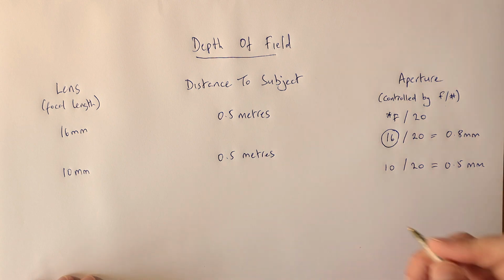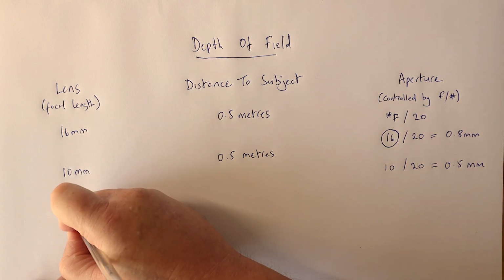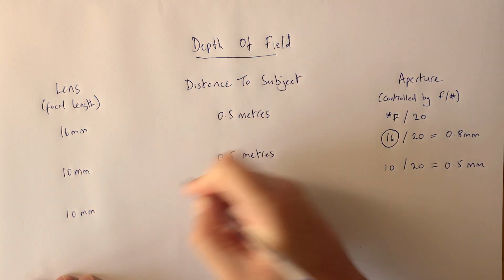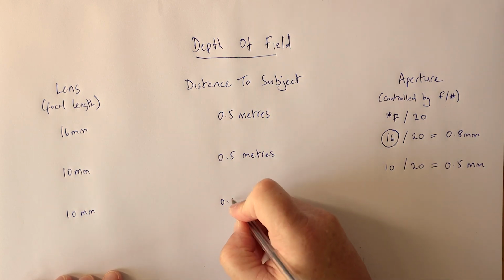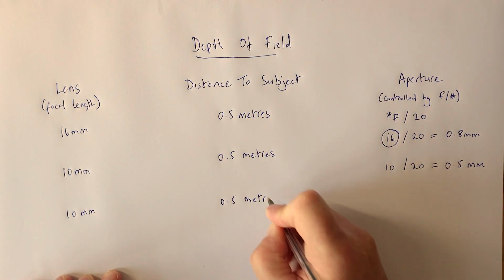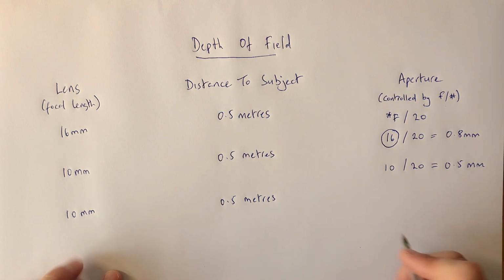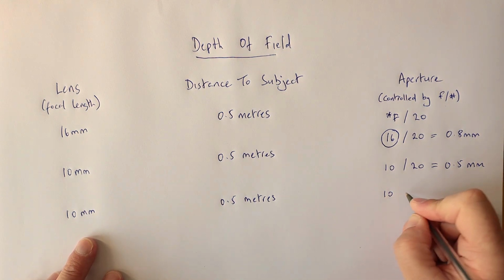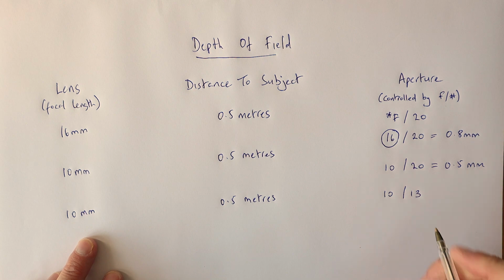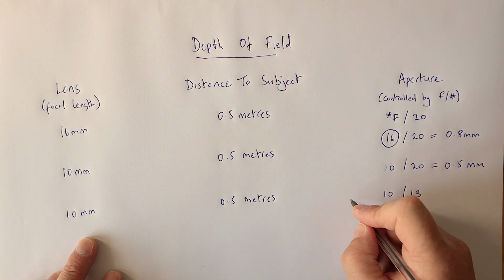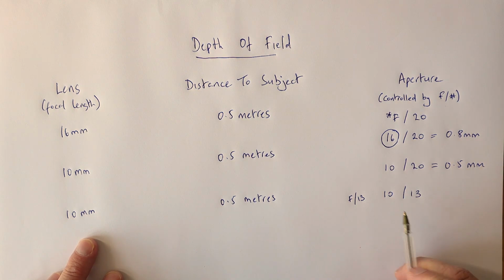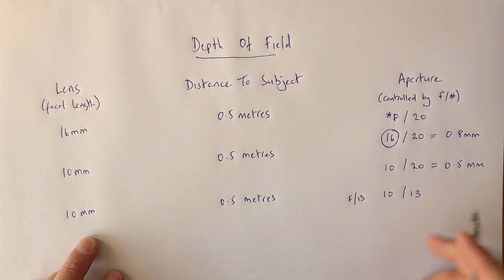So if we take our 10 millimeter again, and we keep our distance to subject exactly the same at 0.5 meters. And now we take our 10 and divide that by 13. So in this case, F13 is 10 millimeters divided by 13.